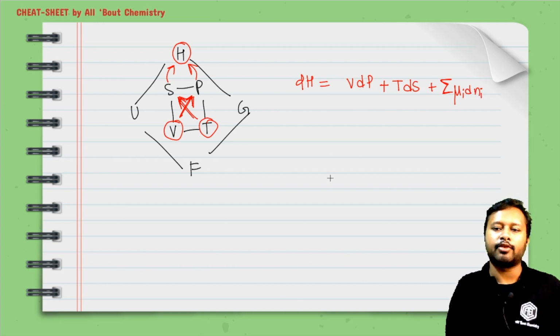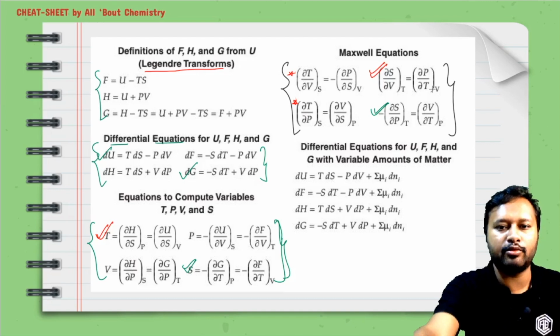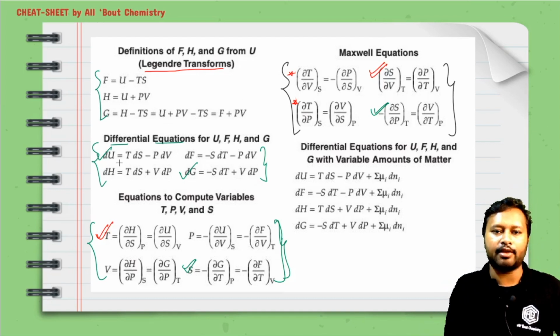That's it. If you remember, once you have found the differential equation, you just have to add this parameter to make it for the variable parameters. I'll show you once again so that you don't get confused. In all these equations, dU is TdS minus PdV, and here also dU is TdS minus PdV plus this parameter.